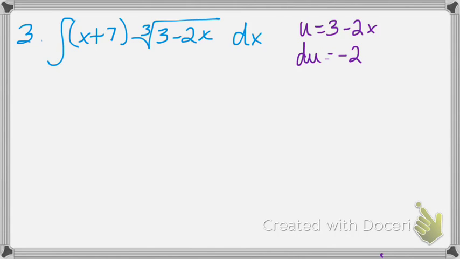On this one, you do have to take a negative 1/2 out, because we still need that to happen. But we still have that extra x.